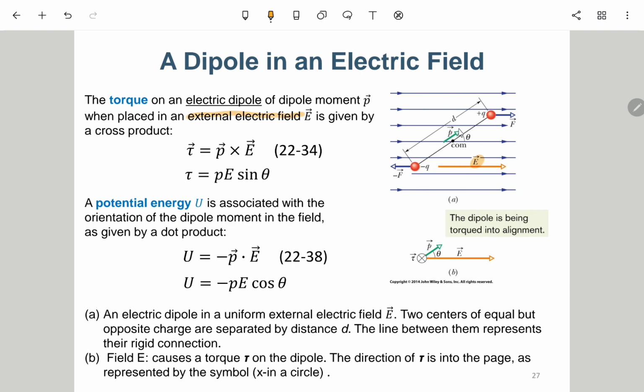Okay, so as long as this P and E have an angle larger than 0, there will be a torque acting on this dipole. Okay, so if we just assume initially this dipole is at rest with an angle theta with this E field, there will be a torque.